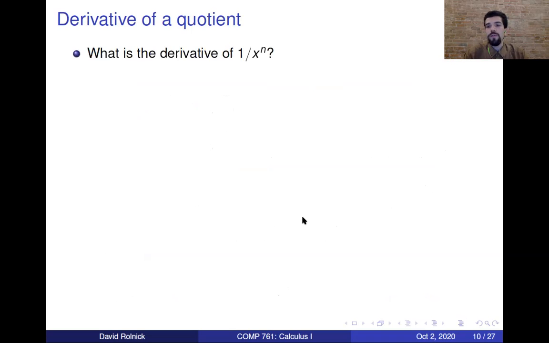So I'm not going to go into the full quotient rule, but in order to get a sense of it, what is the derivative of 1 over x to the n? So yes, you can see it as x to the negative n. However, what we proved before was only true for positive exponents n.